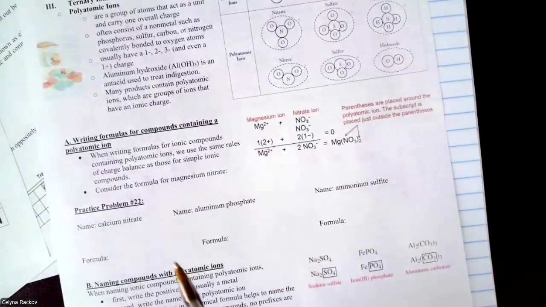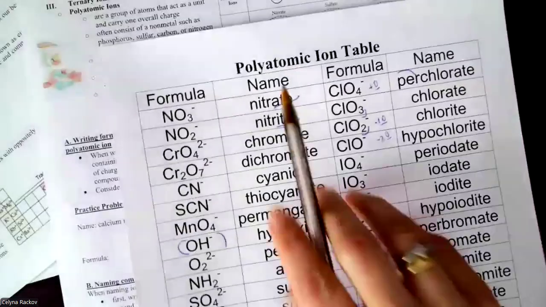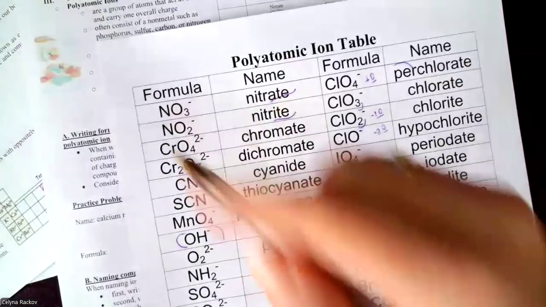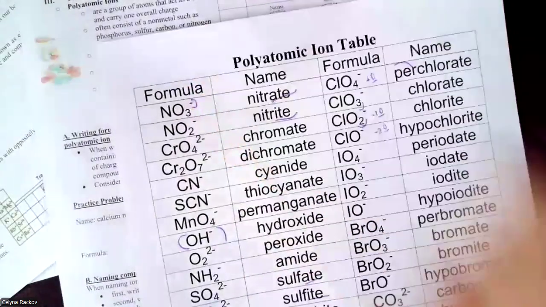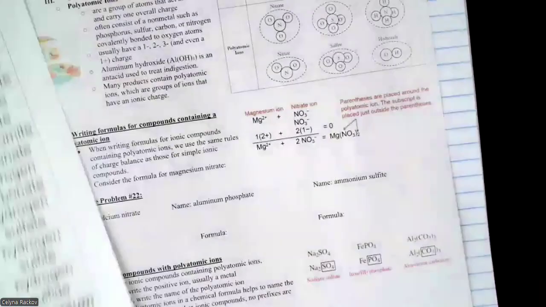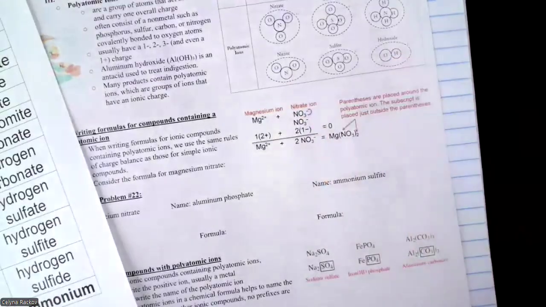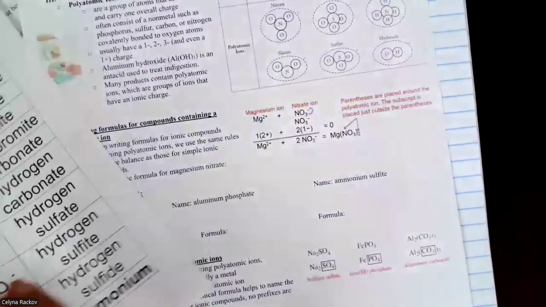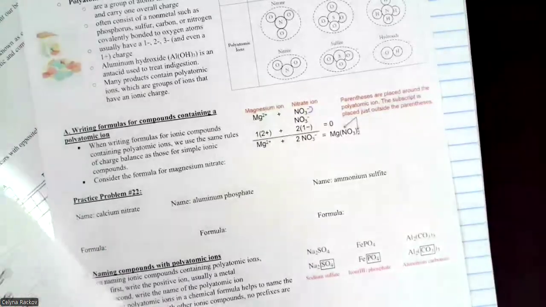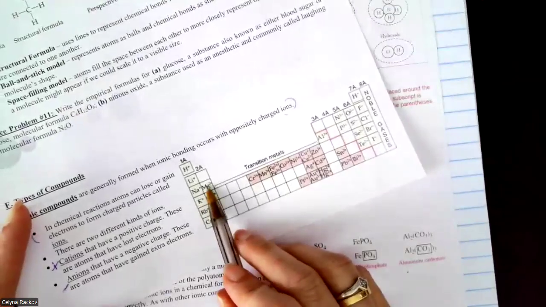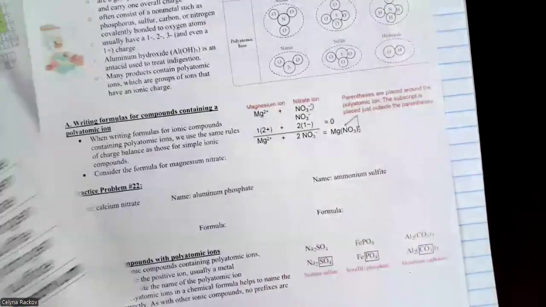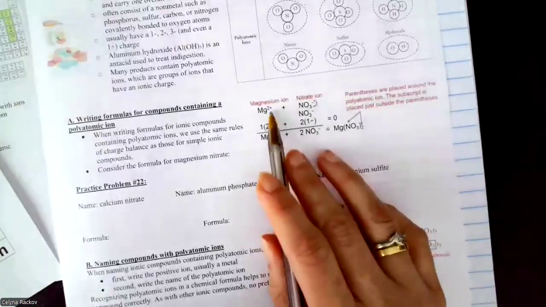The nitrate has a charge of 1 minus. Magnesium is group 2A, so it is a 2 plus.